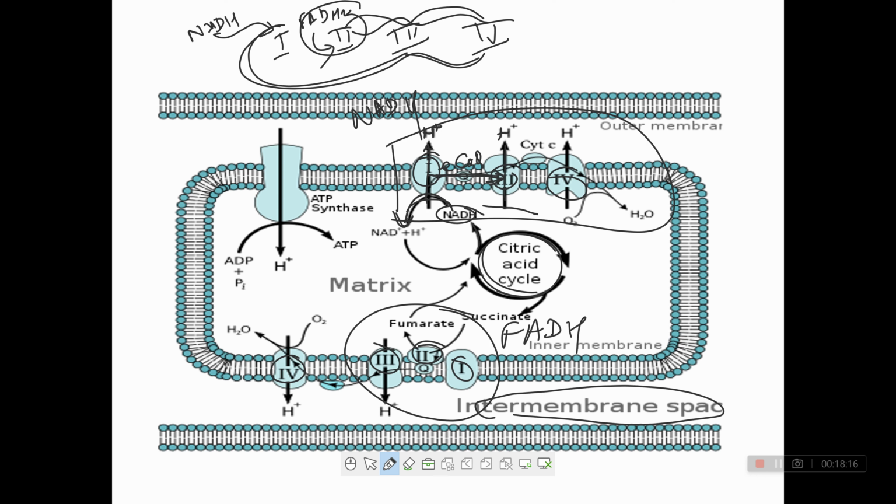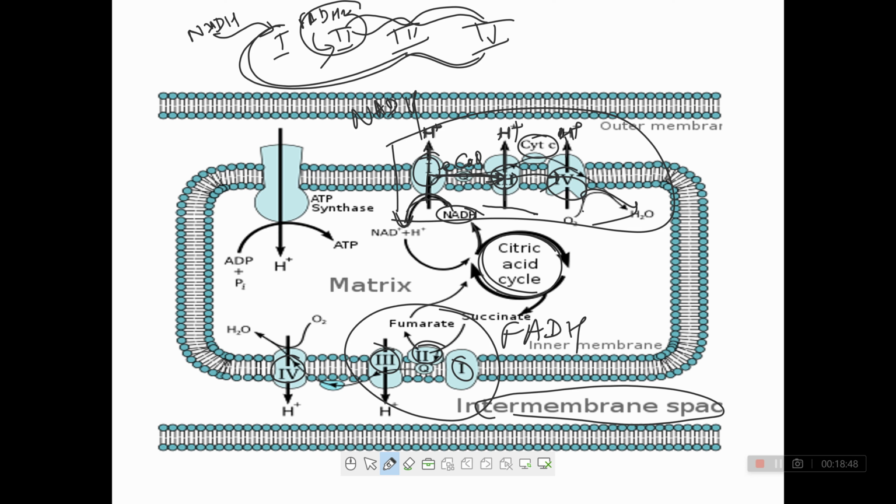In this complex also one H plus is released. Then cytochrome C transfers the electron to complex 4, and here also one proton is released into the intermembrane space. In this complex the electron is combined with O2 and forms H2O, right? Clear?